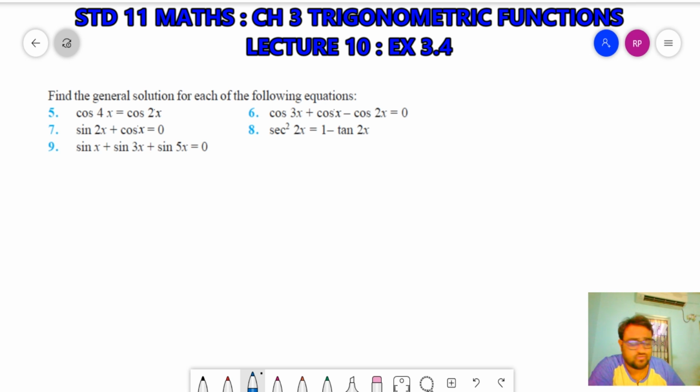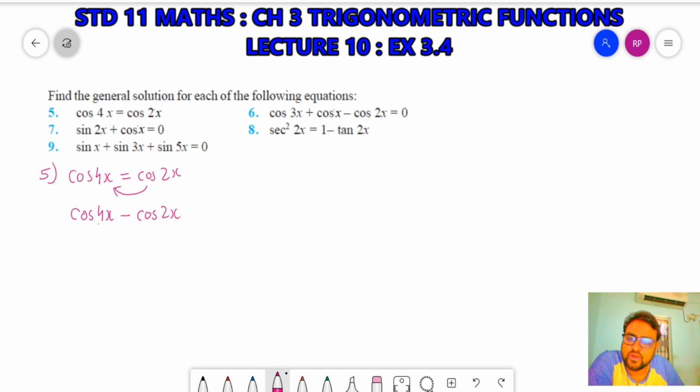So the fifth one is cos 4x equal to cos 2x. Now I will take cos 2x on this side. So cos 4x minus cos 2x equal to 0.